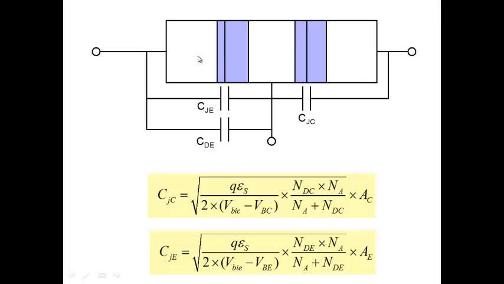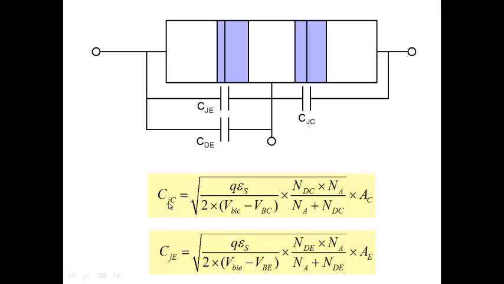I have a diode at the emitter, and therefore I have a depletion capacitance CJE. But this diode is forward biased, and the moment you forward bias a diode, you will have a diffusion capacitance also. So these are the capacitances that are there in our transistor. This is very easy.